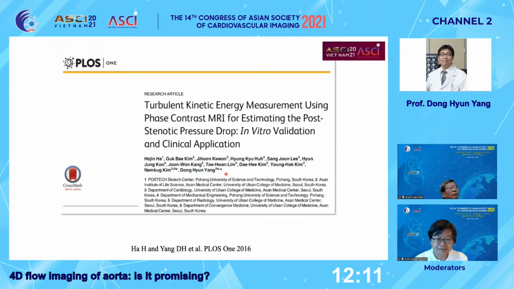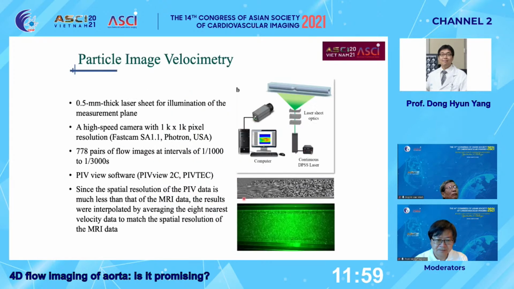My team also performed in vitro validation of MR turbulent kinetic energy measurement. In addition, we applied TKE measurement in patients with aortic stenosis. Particle image velocimetry was the reference standard for validation of turbulent kinetic energy measurement using 4D flow MRI in my study.